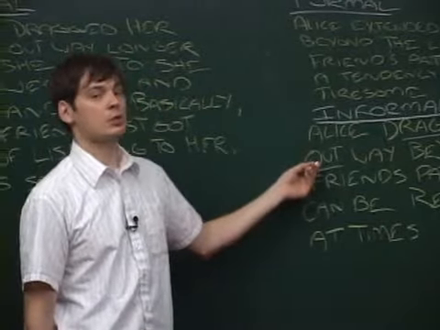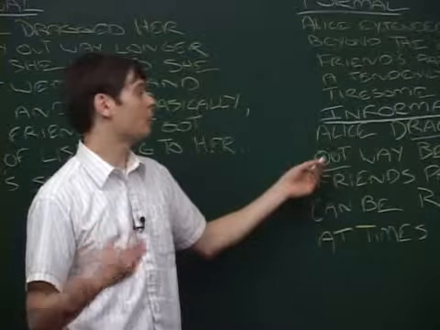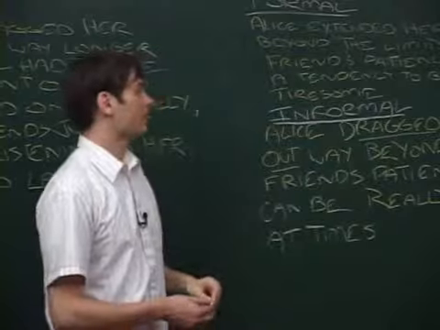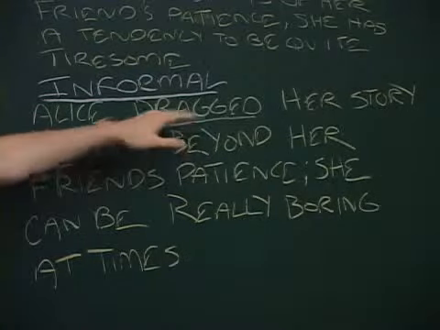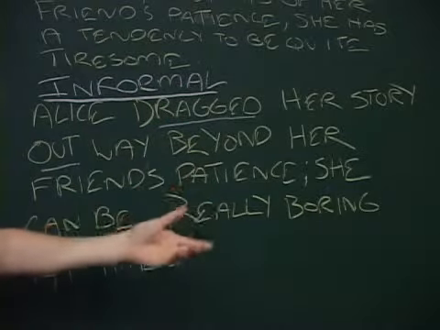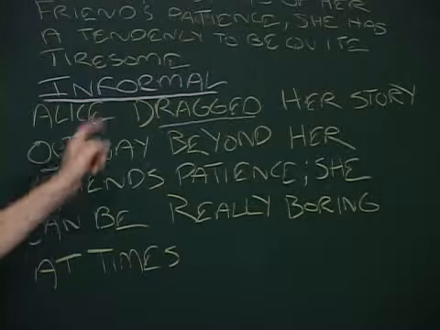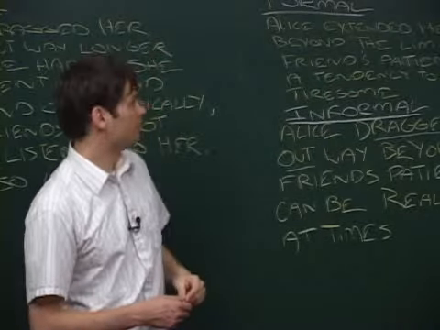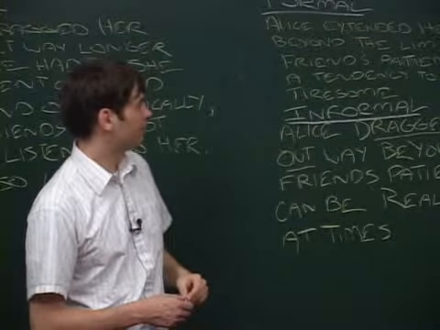It's a little bit more casual. It's a little bit more personal, right? This is the way we would say it when we're speaking. That's the key here, there's a kind of spoken feeling here. So if I'm talking to a friend and explaining the situation, I would say dragged out, not extended her story far beyond. And then you'll notice another change.